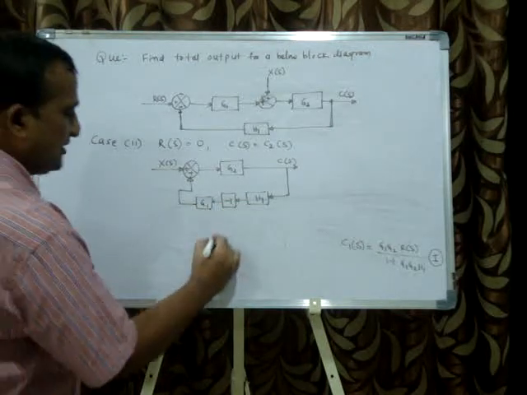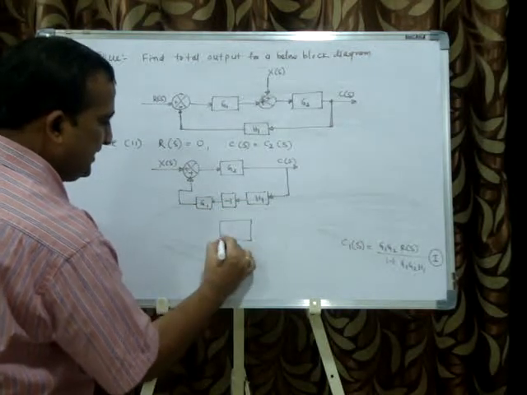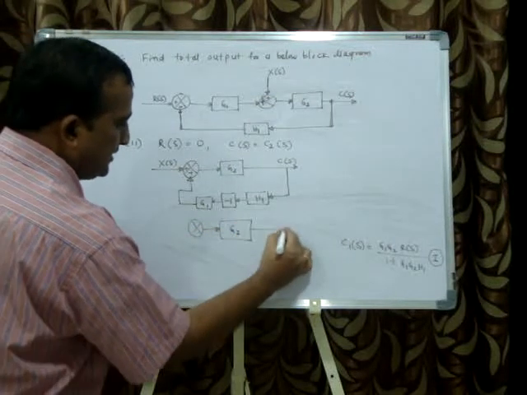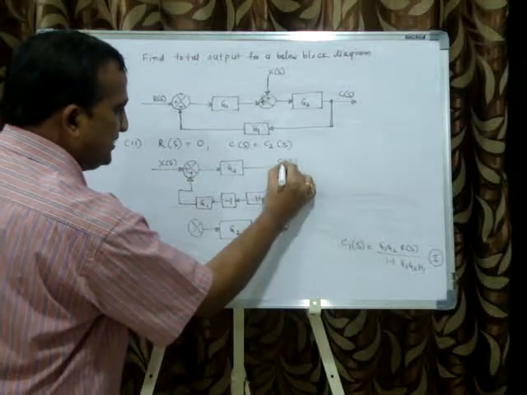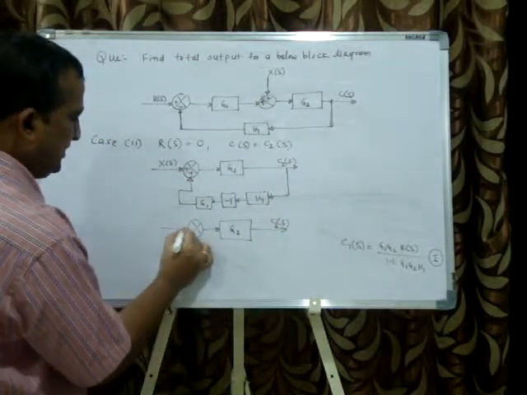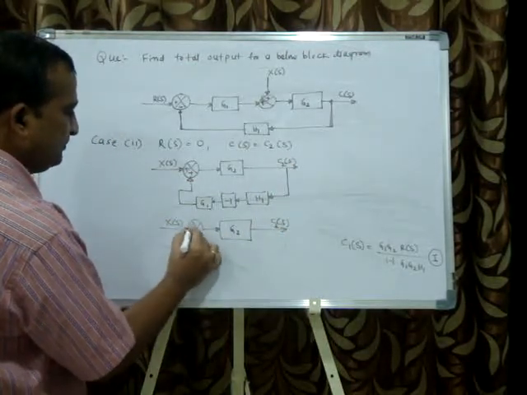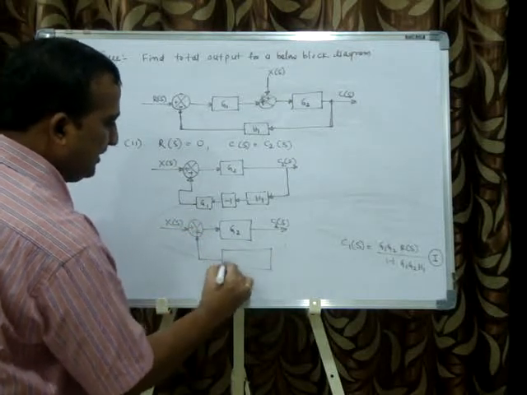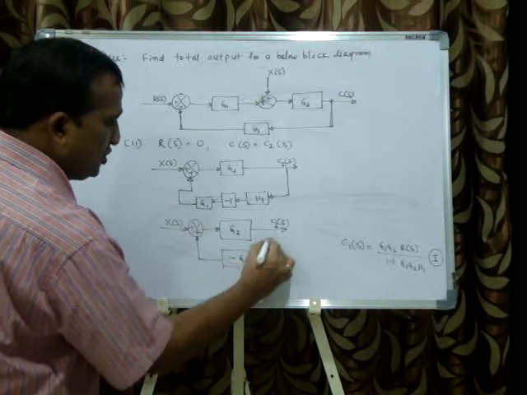Now these three blocks are in series. This is Z2, C2 of s, X of s, plus, and here I'll write minus Z1 H1.